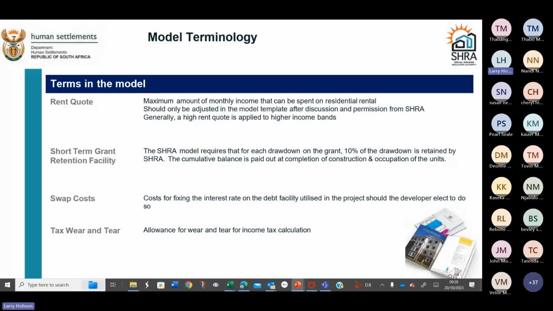A social housing institution isn't automatically exempt from tax, by the way. You can only be exempt from tax if you are also declared a public benefit organization, a PBO. And that requires an application to SARS justifying why you shouldn't have to pay tax.